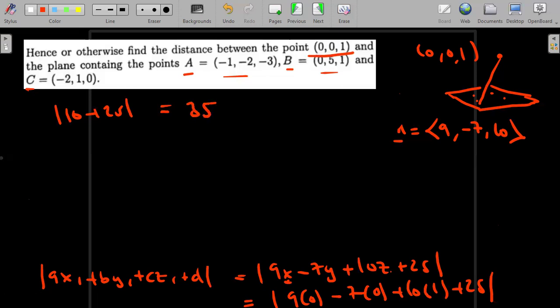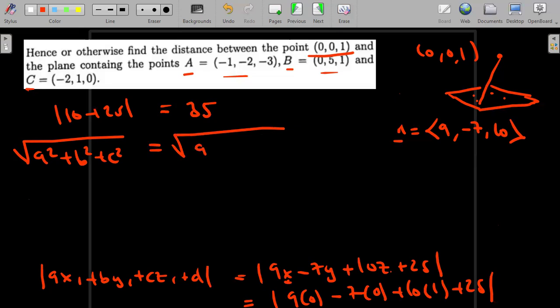Then you have what you're dividing by, so you're dividing by the square root of a squared plus b squared plus c squared. So this is going to be the root of a squared, our a is 9, our b is going to be negative 7, then our c is 10 squared.